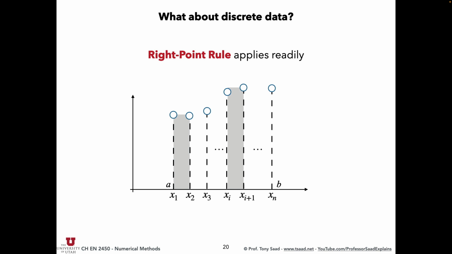You just take the value on the right in the array and multiply it by the distance, and you get that rectangle, and you can add them all up. And it doesn't matter if the intervals are equally spaced or not, because you're treating each interval separately. It doesn't matter where the intervals are, how big they are, how small they are.